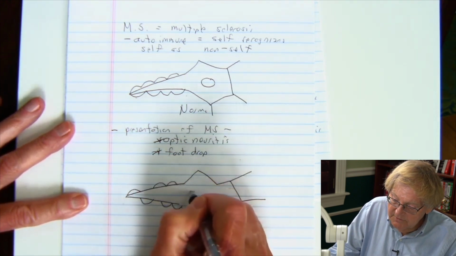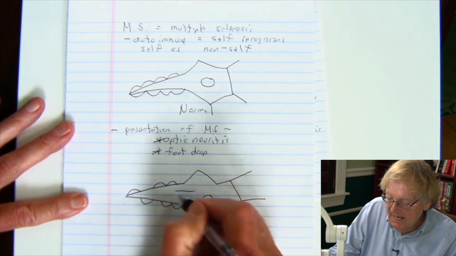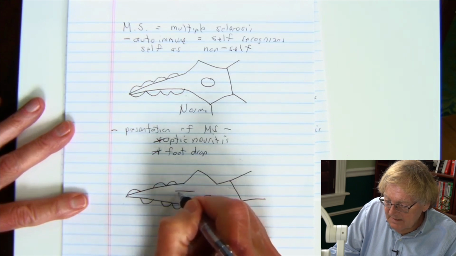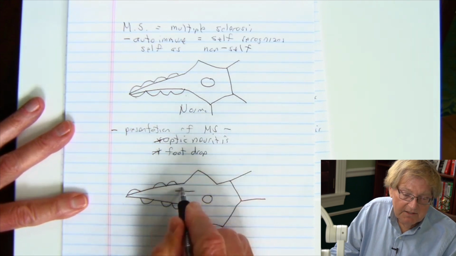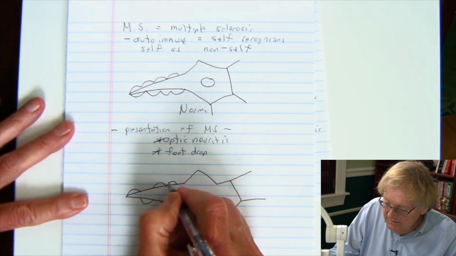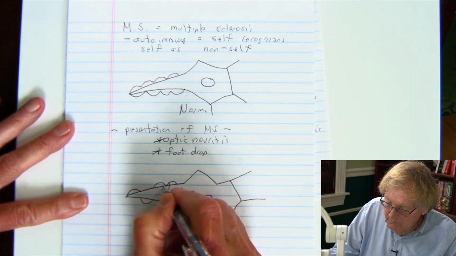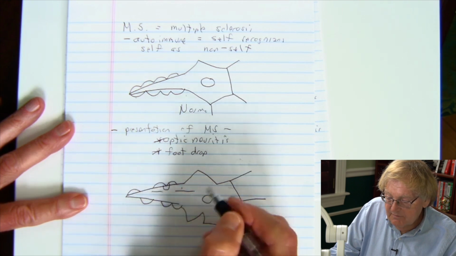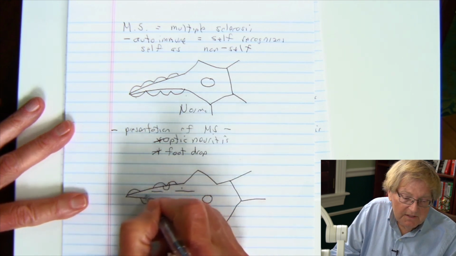So the electrical impulse, remember, that passes down, well, it got to here, so there was a delayed conduction here because there was no insulation. And then it did its saltatory conduction here, and then it moved along. But then there was a delay because I have no insulation here.